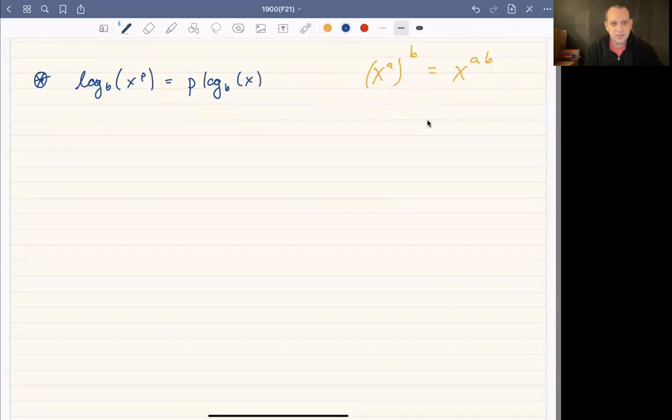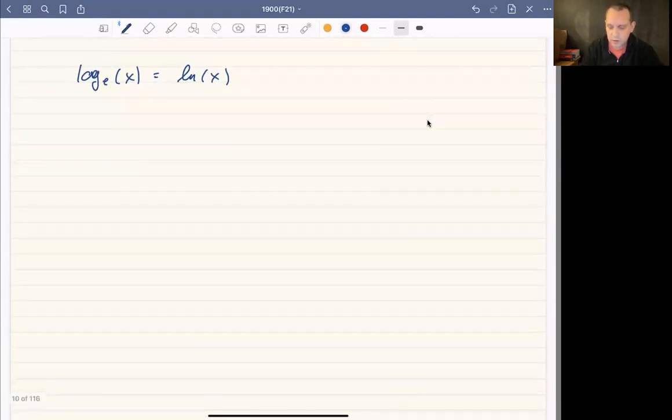Now, a very special log for us is, we've already seen e as a special number in regards to calculus. So log base e of x is called the natural log. Okay, so we write ln, it's French. Hence it's reversed. It's ln, not nl, but it's the natural log of x. And just to repeat a few of the things that we know already.